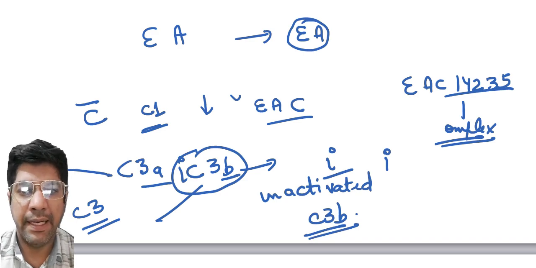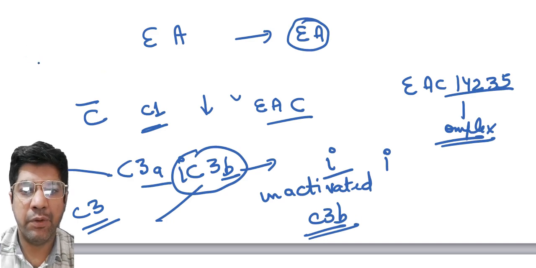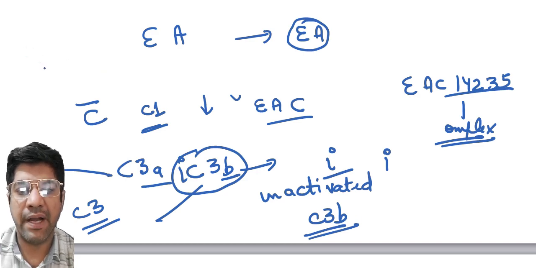Now complement is normally present in an inactive form in the body. However, it can be induced into the active state by various stimuli, including the binding of antibody to the antigen. So when activated, the complement components undergo a series of reactions in a specific sequence that is known as a cascade.